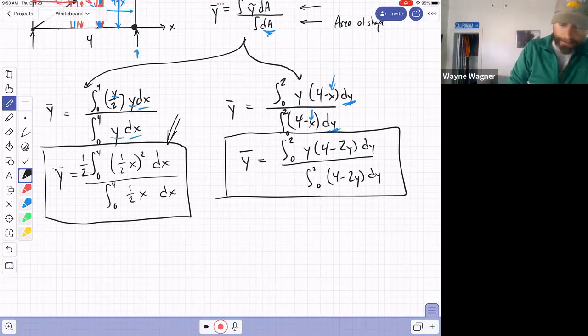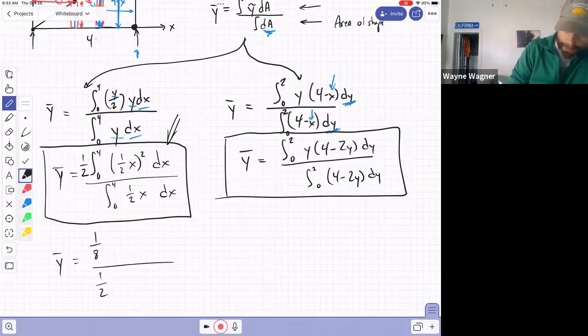So I could do either one. Okay, so in this case, y bar equals, so it's at 1/2 squared. So we got 1/8 over 1/2. And this is going to be x squared, integral from 4 to 0 dx. And this will be integral from 4 to 0 of x dx.